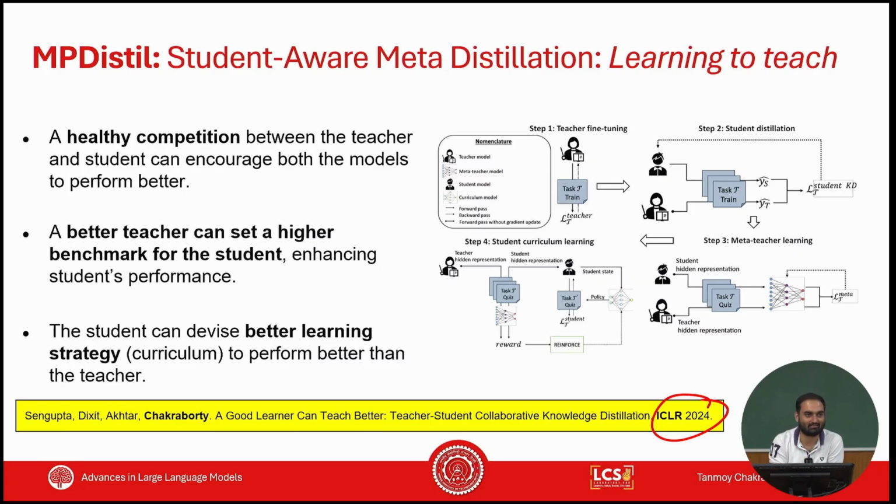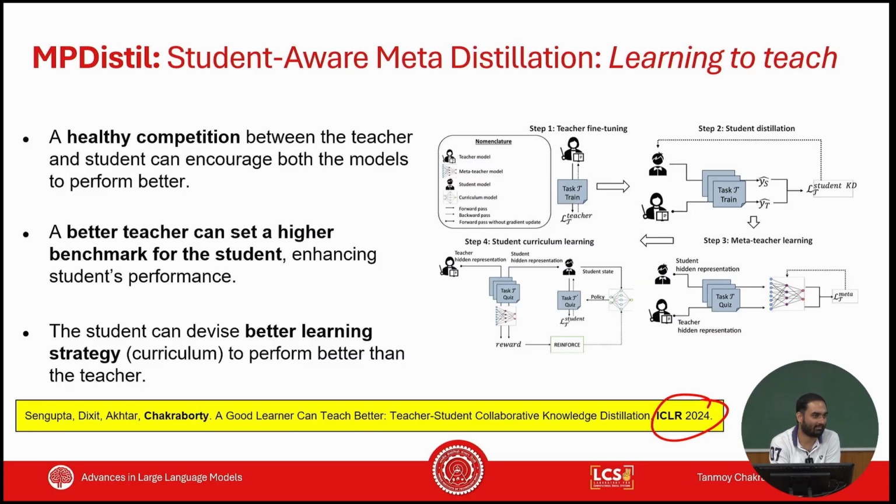But if you think of a normal classroom setup, there are a few students who ask a lot of questions to the teacher, and sometimes the teacher is not able to respond to the questions in the class, right? And the questions are tricky. So what we said is that in the distillation process, let us incorporate the notion of healthy competition between a teacher and a student along with the collaboration.